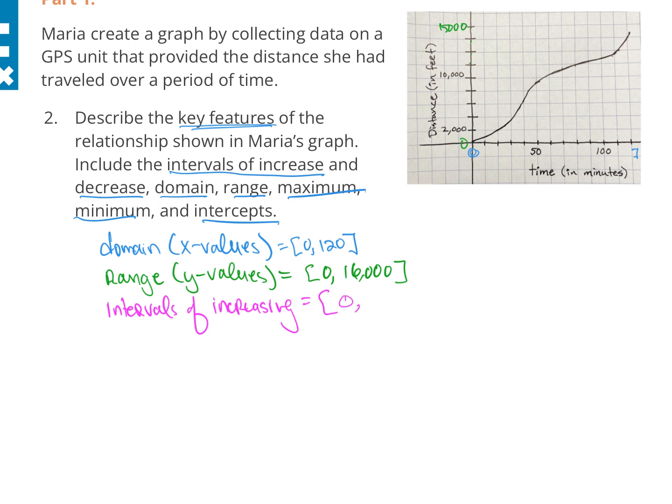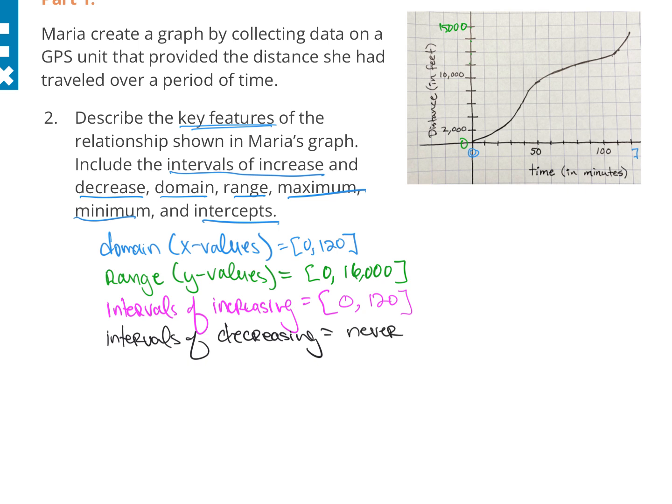We're going to start at 0, and we're going to go all the way up to 120 minutes. And then where is it decreasing? Interval of decreasing. Does this graph decrease? No, it doesn't. So never, none.